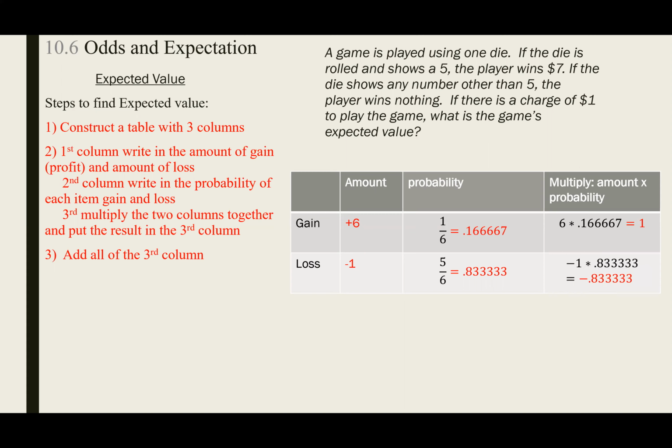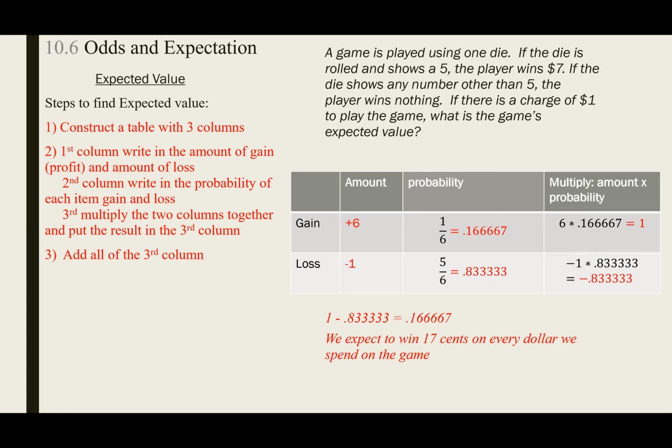And if you multiply -1 to this item, you get -0.83333. If you take 1 minus 0.83333, you get 0.16666, meaning, because it's a positive number, we all expect to win 17 cents on a dollar for this game.